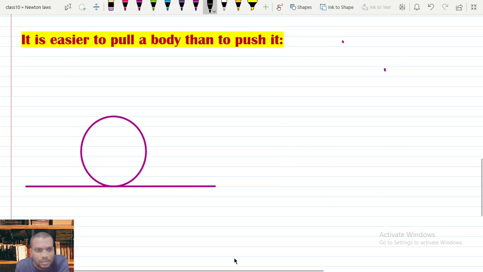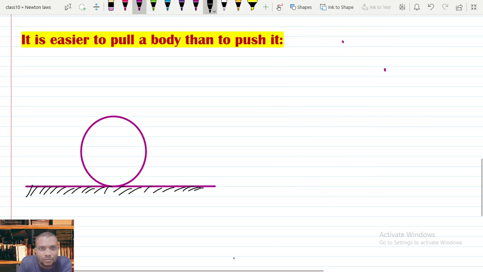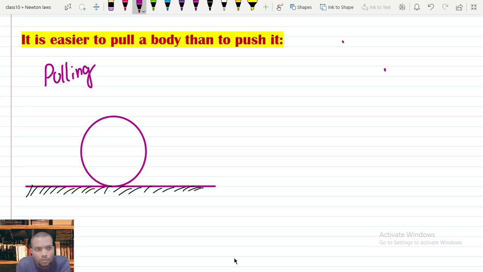This is the horizontal surface of the ground. First I would like to take the case of pulling a roller.